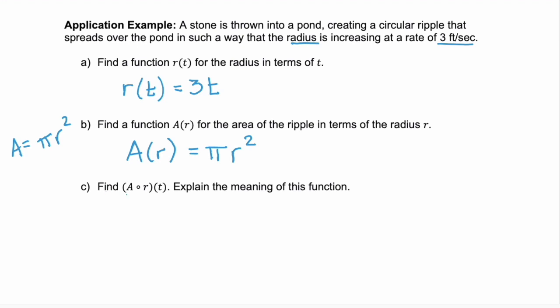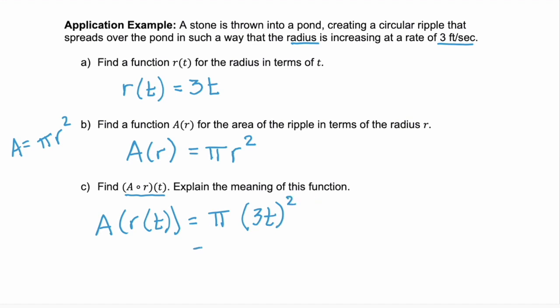Now, what is A of r of t? Well, A of r of t would tell you to take r of t and substitute it into your A function wherever there's an r. So that would be pi times (3t) squared.